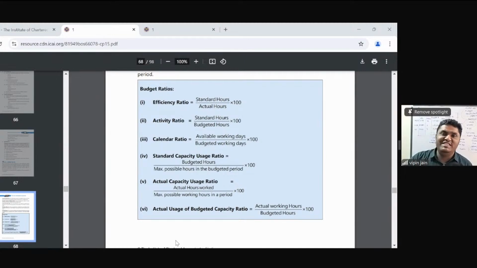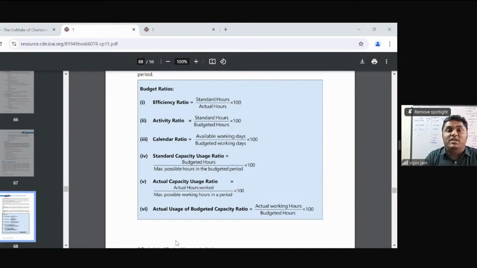So efficiency ratio is standard hours divided by actual hours. Standard hour means what? We have discussed in standard costing, where we calculated the revised standard. Standard hours means standard hours for actual production.